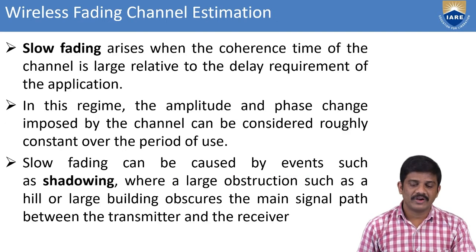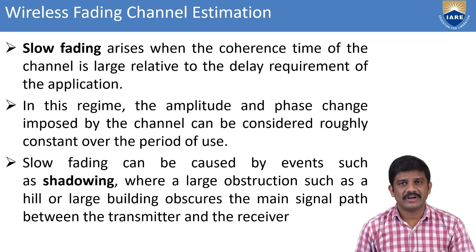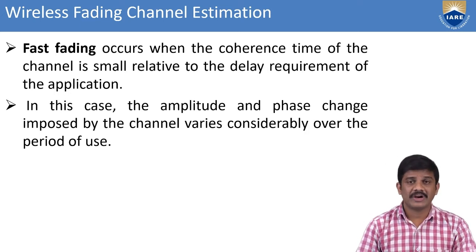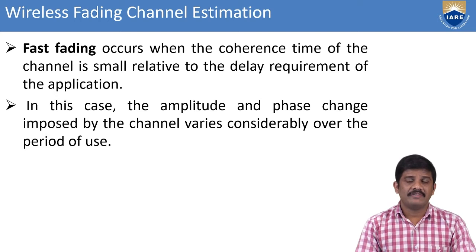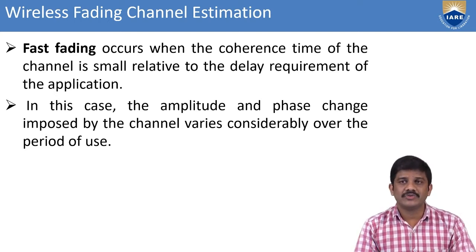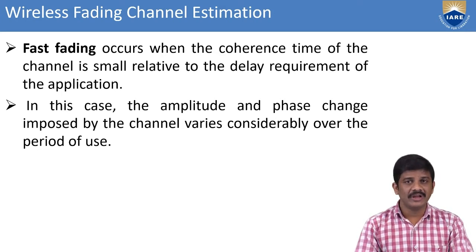And coming to slow fading, there we mainly discussed shadow fading, and then we have fast fading. What will happen when it occurs? When the coherence time of the channel is small relative to the delay requirement of the application, then fast fading will occur.